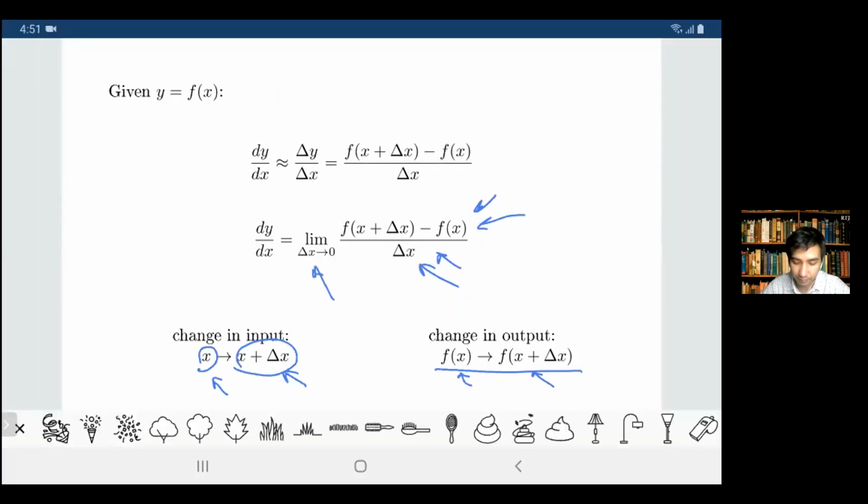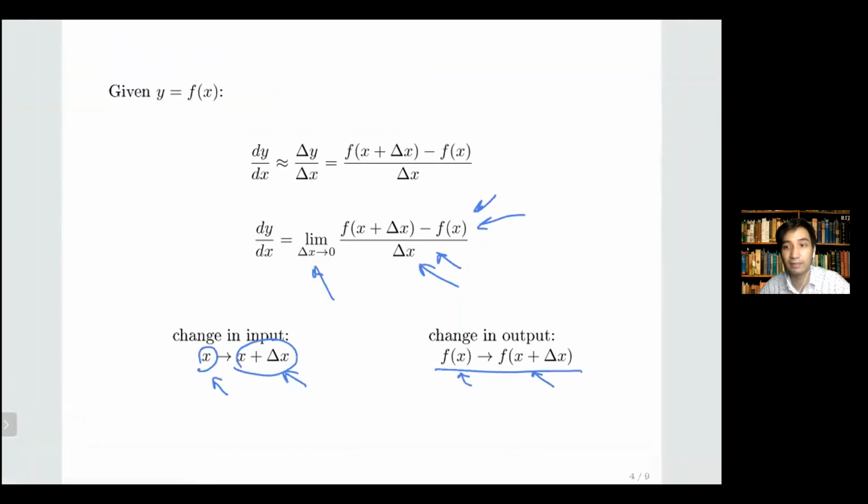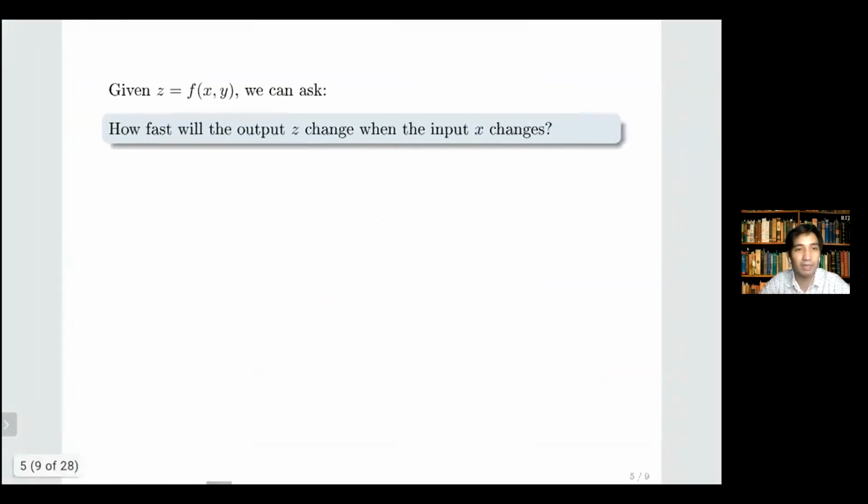So ito yung magiging basehan natin how we're going to be defining the notion of derivatives kapag meron na tayong more than one input. Okay. So halimbawa, we have z equals f of xy. We can, of course, ask something similar to the one variable case, like how fast will the output z change when the input x changes.